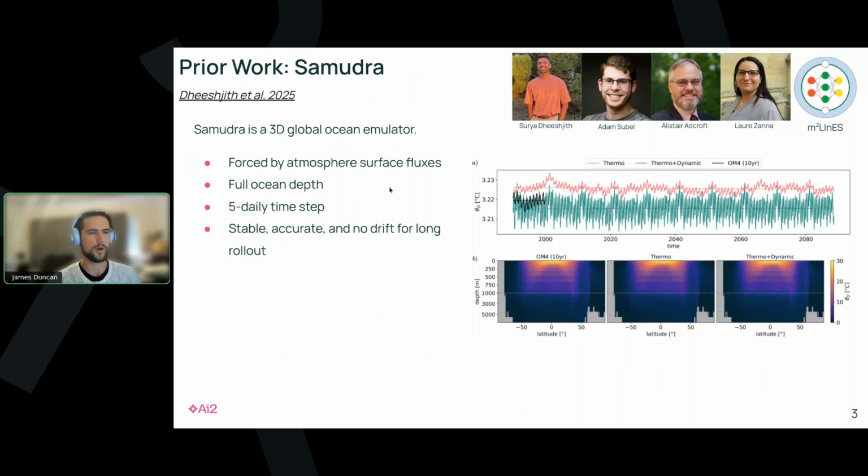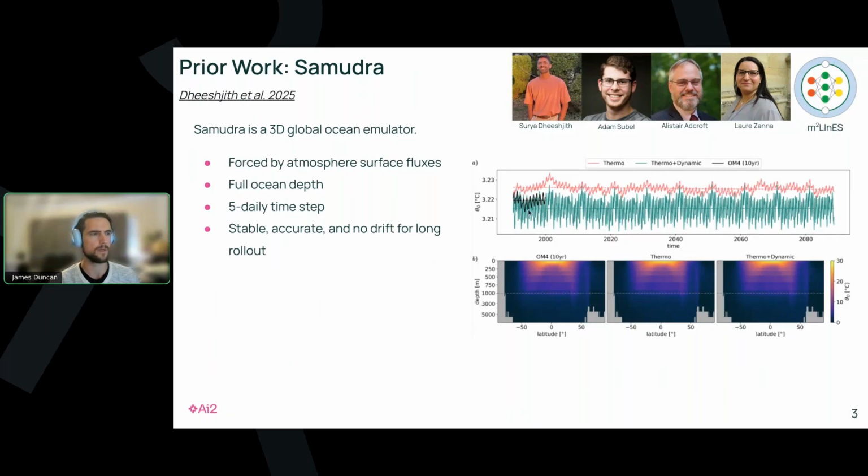And this ocean emulator is forced by atmosphere surface fluxes. So those surface conditions are prescribed, they're just given as the emulator evolves forward in time. It includes a full depth of ocean, and they achieved really stable, accurate, like no drift in long rollouts.